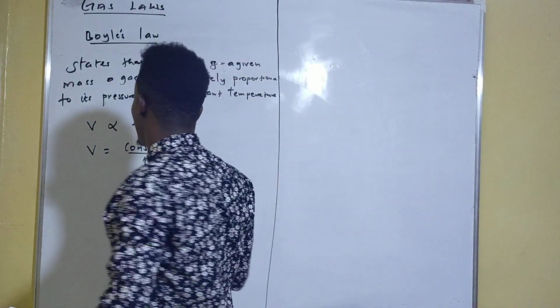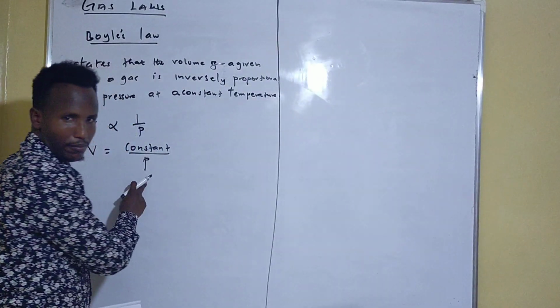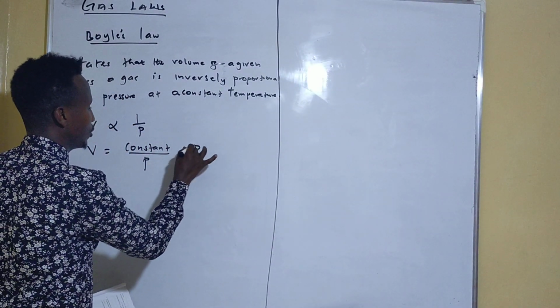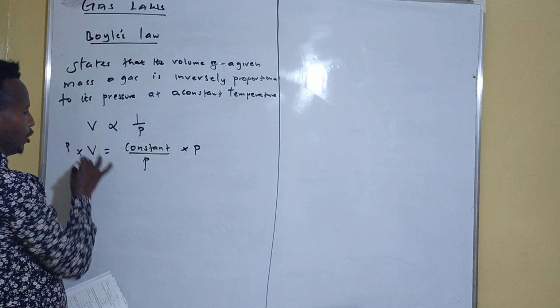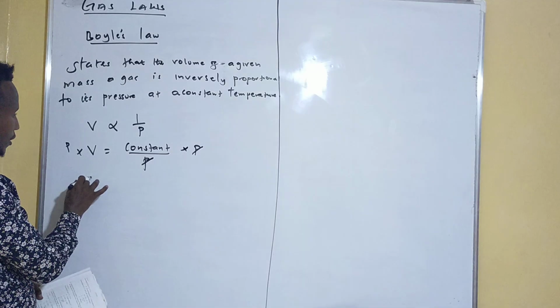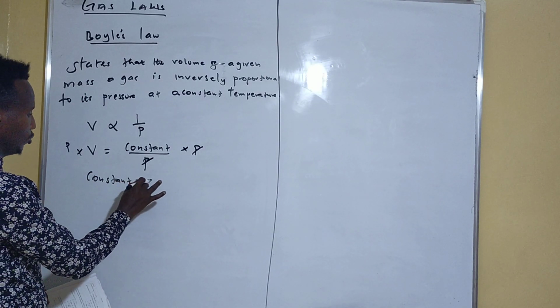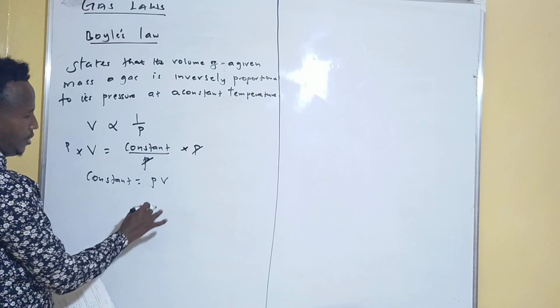For us to make the constant the subject of the formula, we eliminate this mathematically by multiplying both sides of the equation by P. Then cancel these two. So you will have the constant equal to PV.